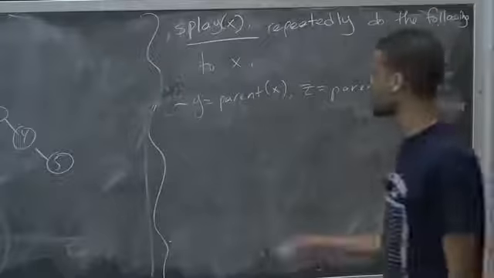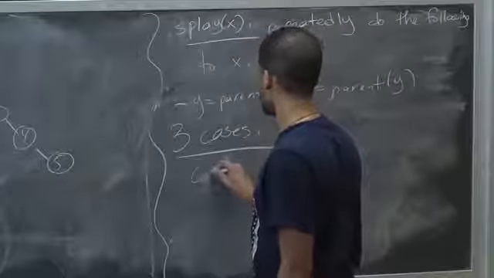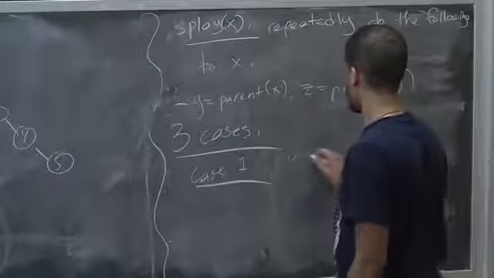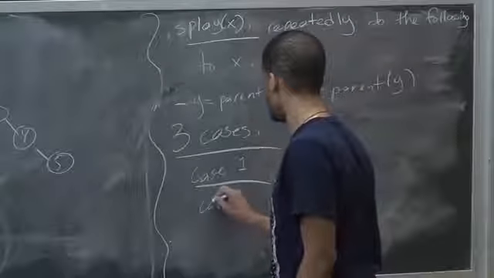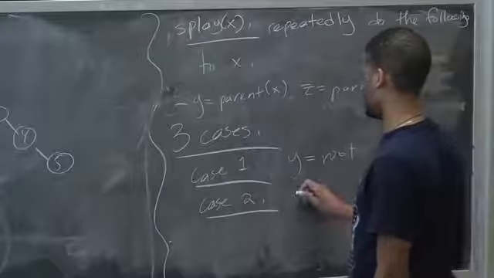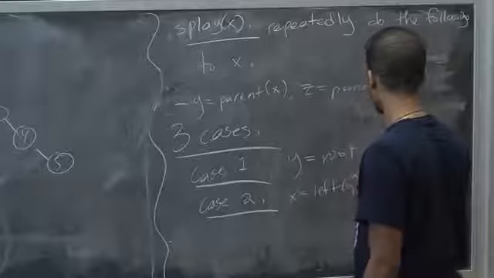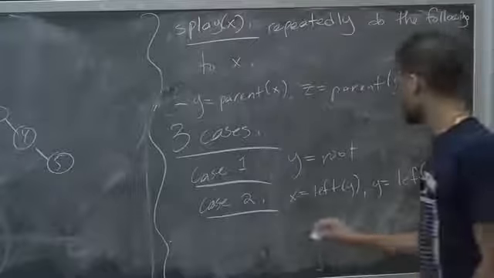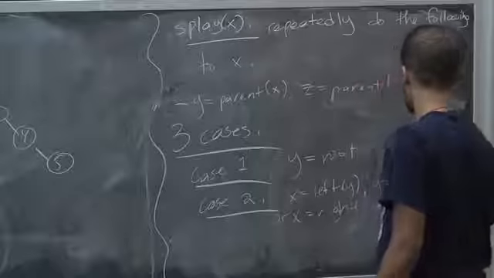Okay, so there are three cases. Case one: y is the root. Case two: x is the left child of y, and y is the left child of z, or x is the right child of y, and y is the right child of z.